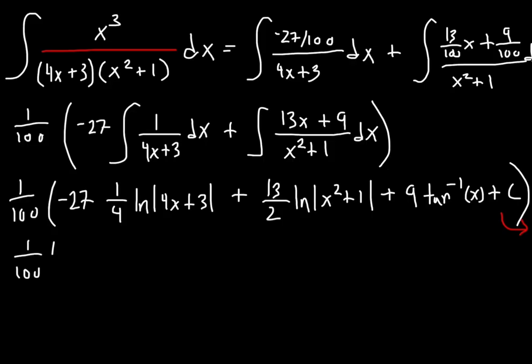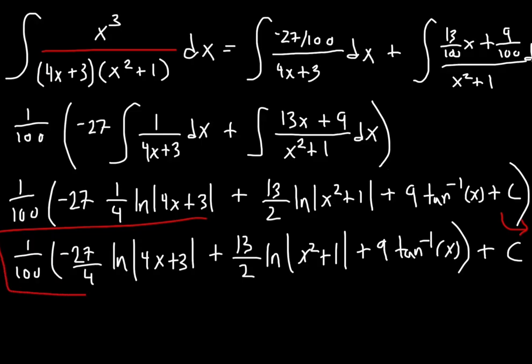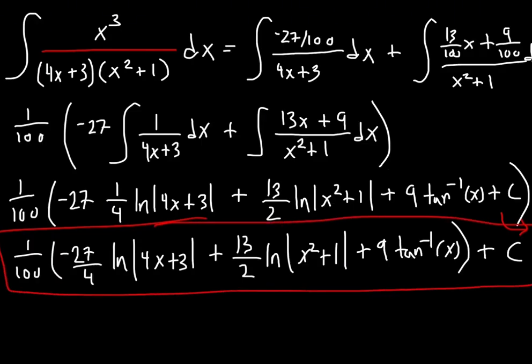So 1 over 100 times negative 27 over 4 ln with an absolute value of 4x plus 3 plus 13 over 2 ln with an absolute value of x squared plus 1 plus 9 arctan of x plus the constant of integration. So this is the final answer for this function.